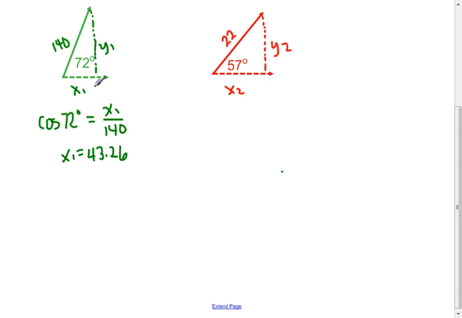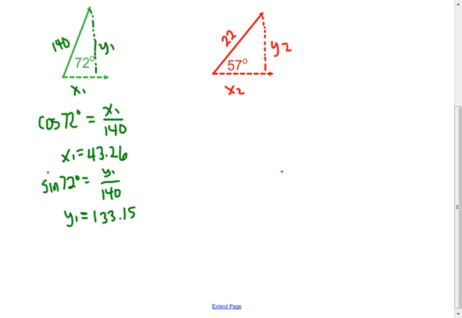Alright, so that's the x component of the green vector. The y component, we'd use sine because it's opposite over hypotenuse. So sine 72 equals y1 over 140.